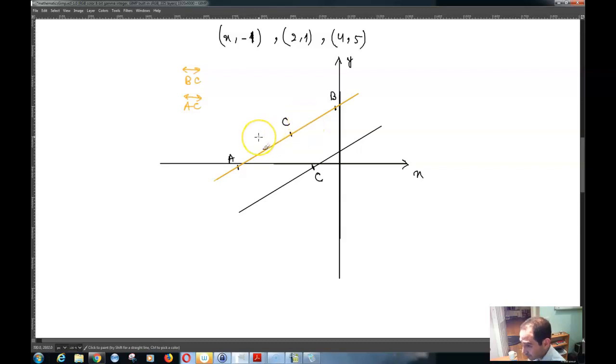Meaning that if I want to show that these points over here, A, B, and C are collinear, I find the slope of AC, and I find the slope of BC, and if I set them equal to one another and equate them, if the slope of line BC and the slope of line AC are the same, that means that they are collinear.